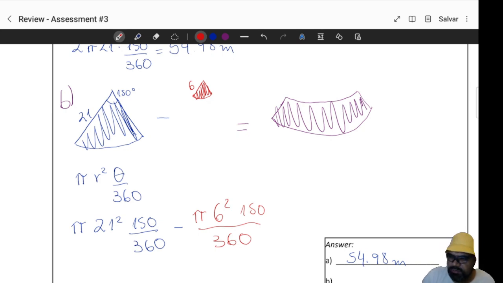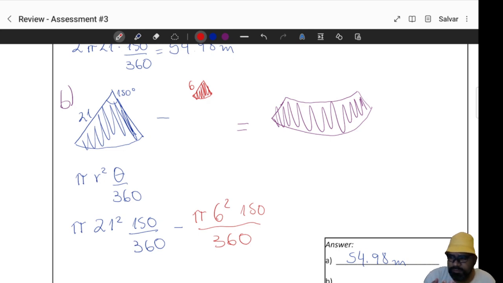Pi radius squared, the first one, if you put it in the calculator the way I told you, we get 577.27, rounded. And the other one, if you do pi times 6 squared times 150 over 360, you get 47.12312.